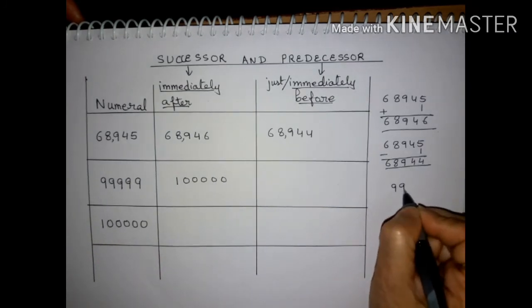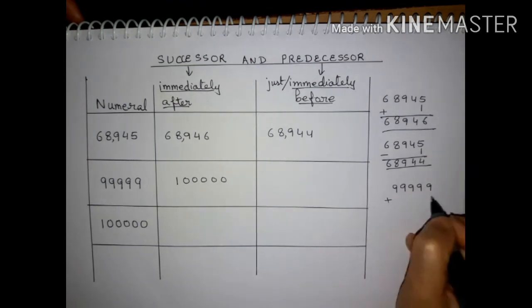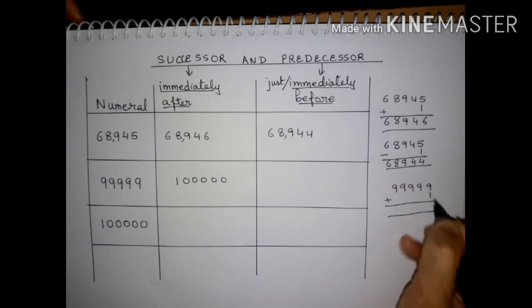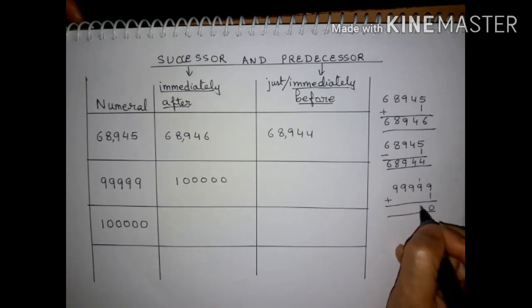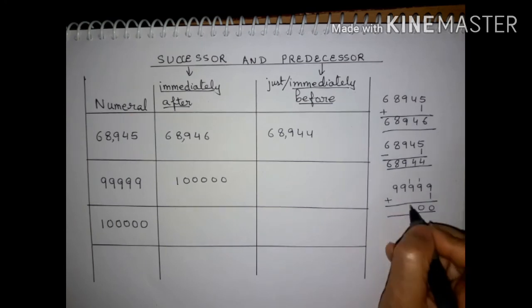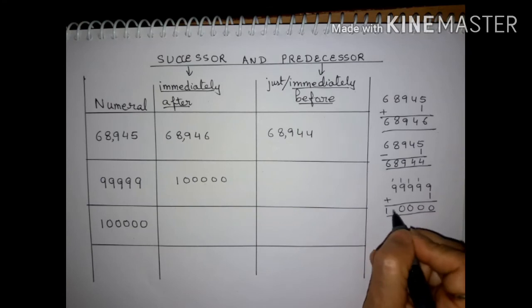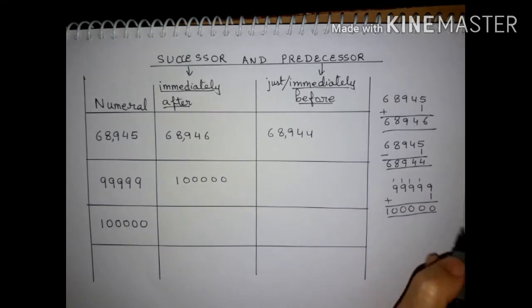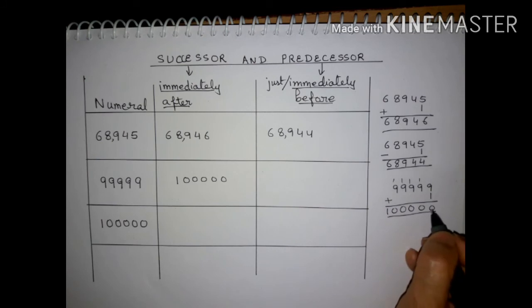It will be 9, 9, 9, 9, 9, five 9s, and you add 1 to it. So this will be 0, 10, 1 will go here, 10, again 1 will go here, 10, then 1. You can check once: 1, 2, 3, 4, 5, and how many zeros here? 1, 2, 3, 4, 5. Yes, this is very tricky.